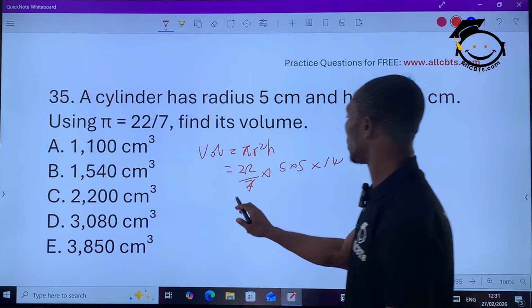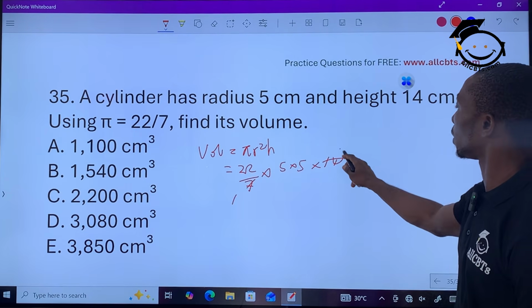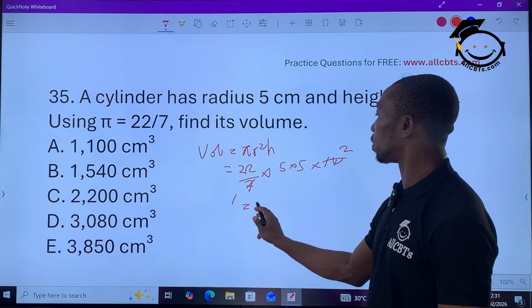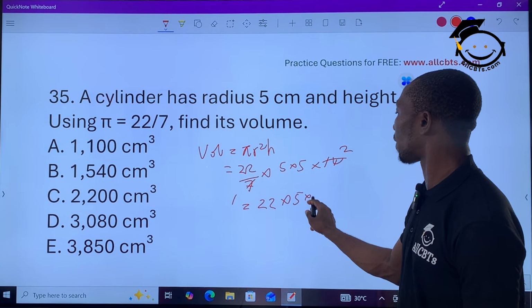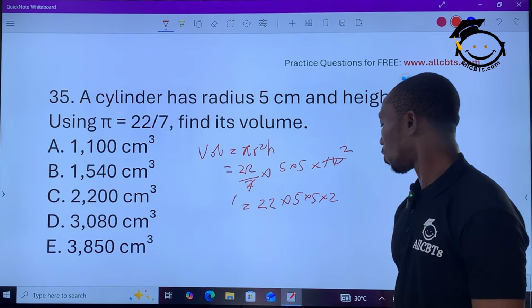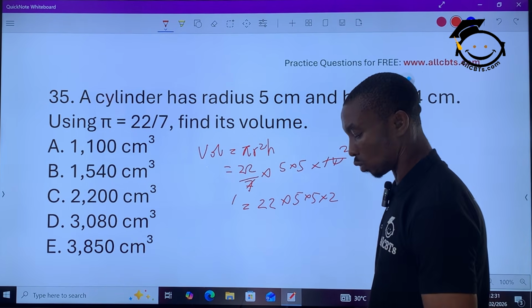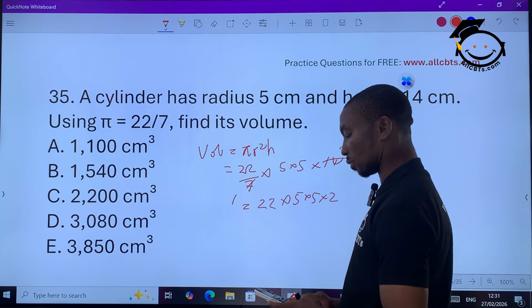Alright, so 7 here 1, 7 into 14, 2. Leaving us with 22 times 5 times 5 times 2. Okay, so that gives us 22 times 25 times 2.